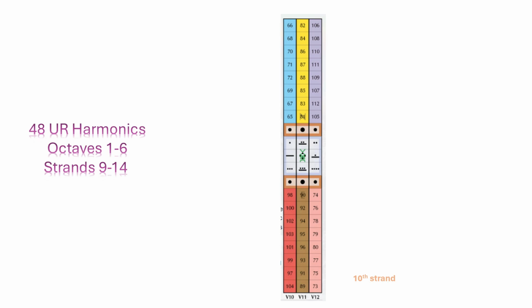The 48 UR runes are there to help us to self-create or have a second creation of our behavioral perceptual modes.